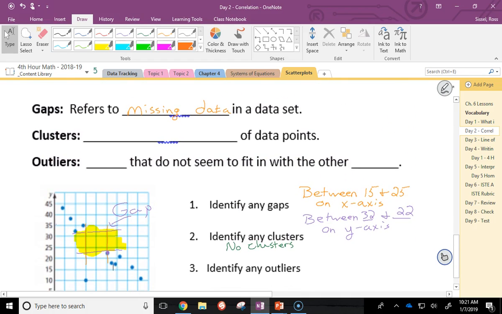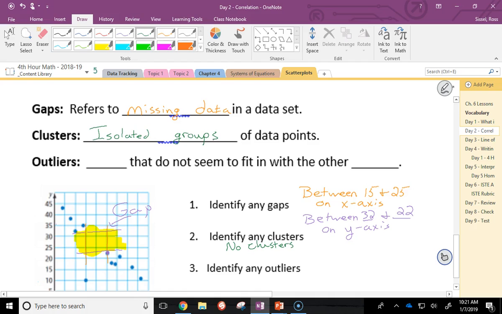Oops, we should write that up there. So, clusters. We're going to go ahead and say clusters are isolated groups. Isolated means the groups are cut away from everything else. They're all just together.